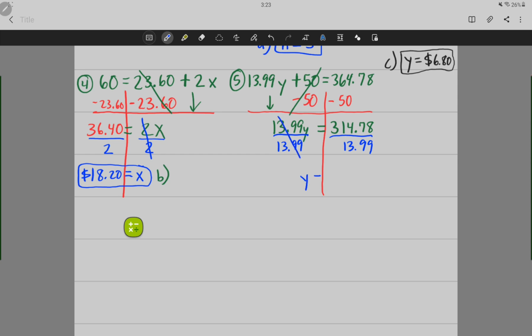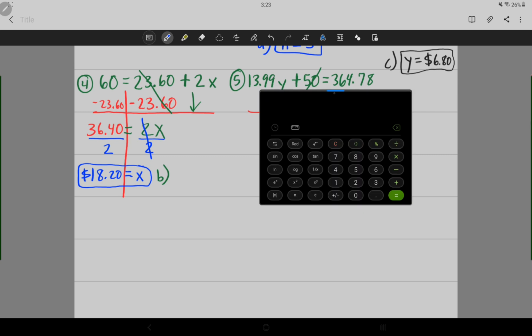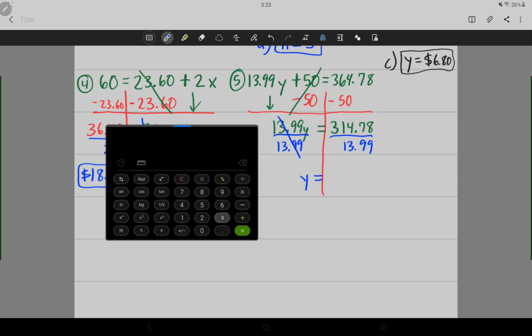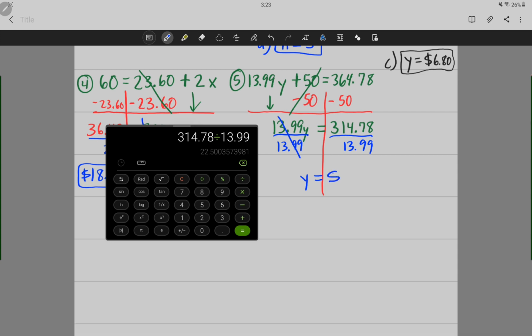Bring down y and equals, and let's see in our calculator, 314.78 divided by 13.99 is about, since it's dollars and cents, 22.50, so $22.50.